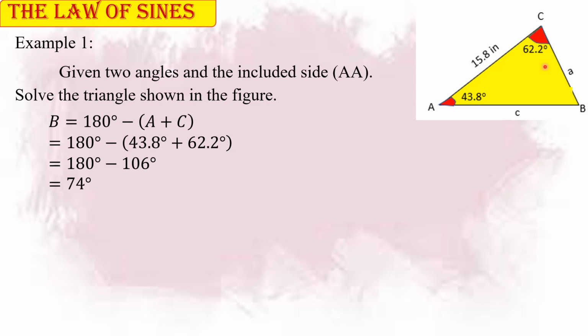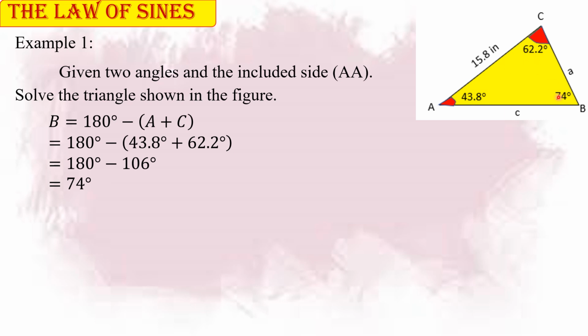The summation of 43.8 degrees and 62.2 degrees is 106 degrees. So we have 180 degrees minus 106 degrees, and that is 74. So the measurement of angle B is now 74 degrees. Okay, so now complete na yung ating angles.